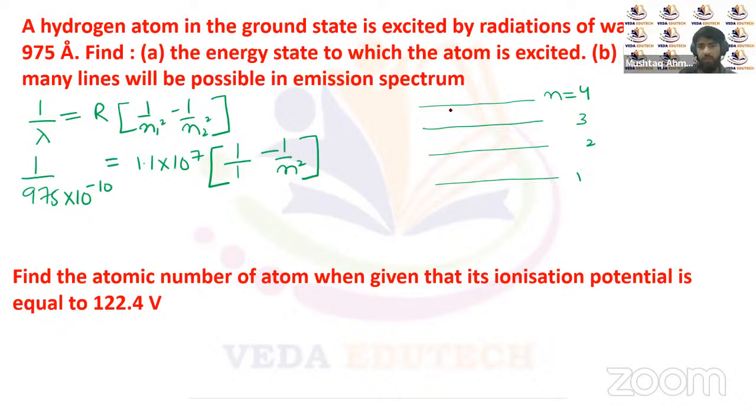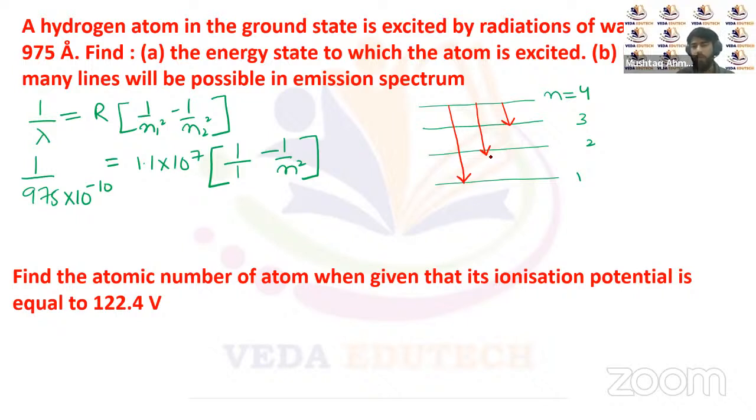The electron can make a direct transition from n equal to 4 to n equal to 1, which means it will emit a Lyman series. Or the electron can emit a Balmer series, or a Paschen series. So these are the types of transition possible between n equal to 4 and n equal to 1.